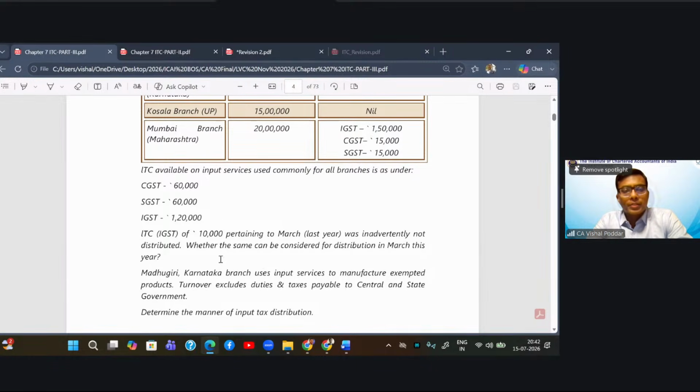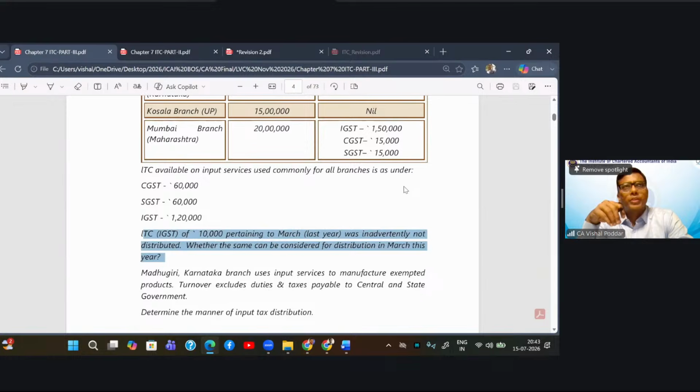So first let me answer this: this ITC, which pertains to last March, which you missed distributing, can the same be distributed in March of this year? The answer is that it is not allowed to distribute ITC of a past period in the current period. Here the reason is not 16(4).